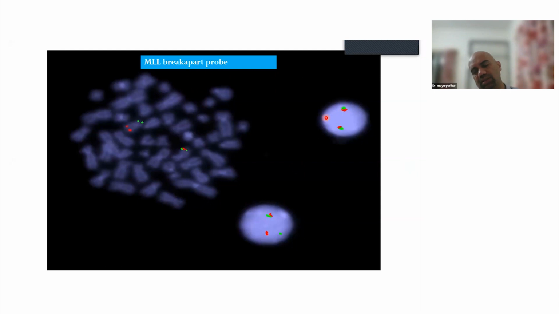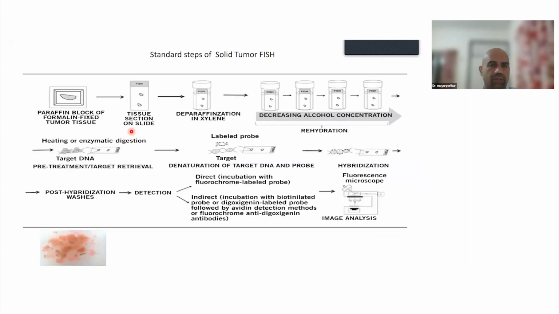For example, this is a normal cell. You can see the red and green are together here. This is an interphase cell. What you see here is a metaphase. Here you see the red and green have separated. So these are called the break apart probes. This is for MLL or KMT2A gene. And you can see that this is rearranged. This is a metaphase. You can see this is the normal chromosome 11. This is a 10;11 translocation, and the 3' and 5' ends have separated.